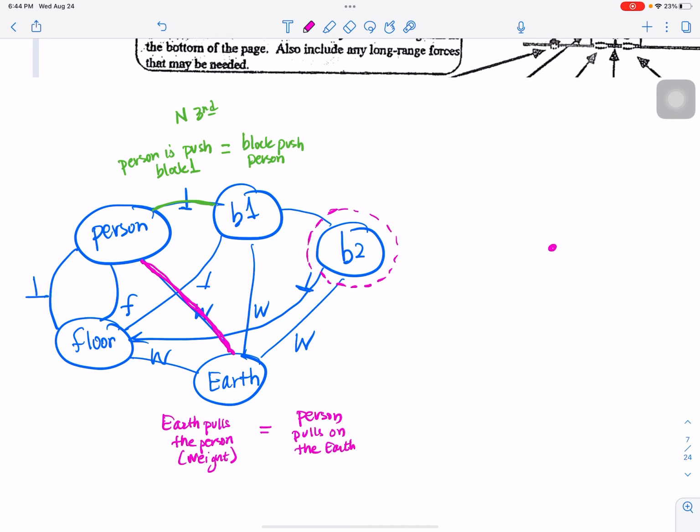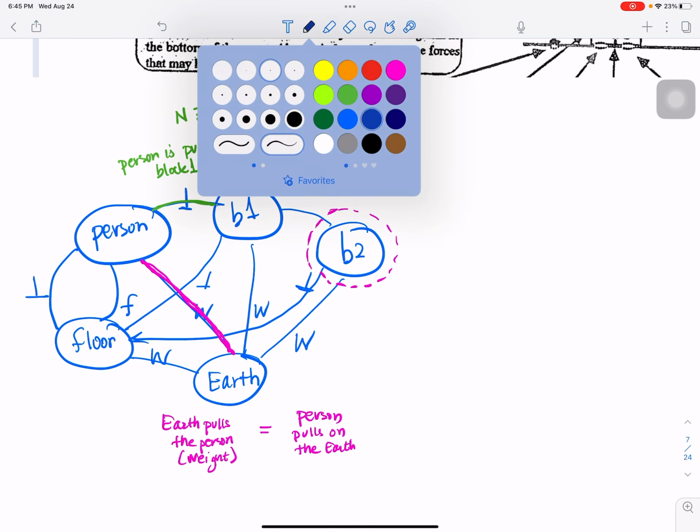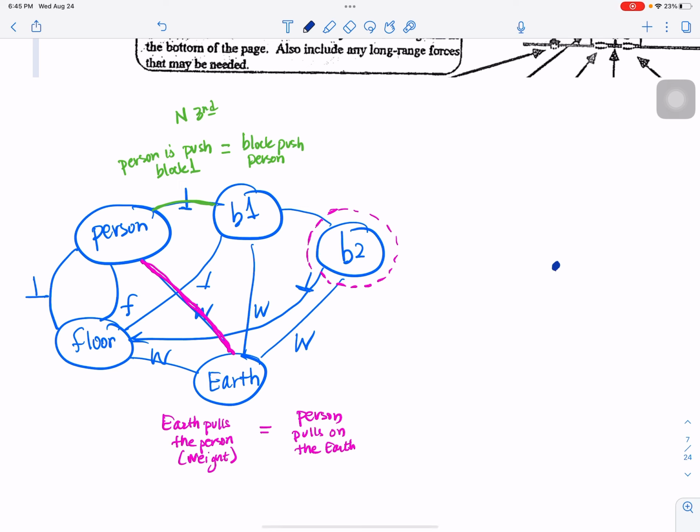So I'm going to do my dot. Oh, let me do it in blue. The dot, this is block 2. We know that the earth is pulling down, and that is the weight of block 2.